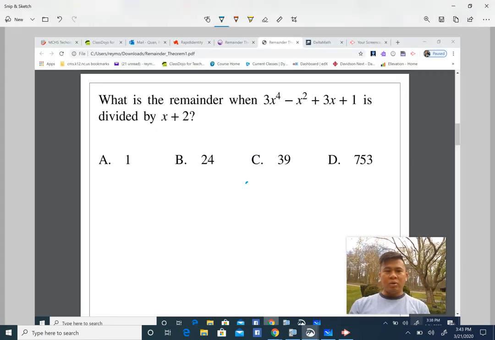It says, what is the remainder when 3x to the fourth minus x squared plus 3x plus 1 is divided by x plus 2?